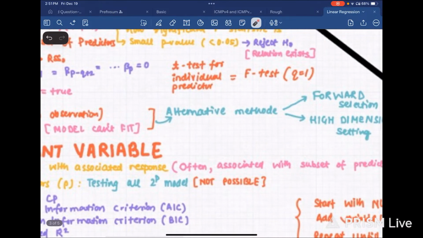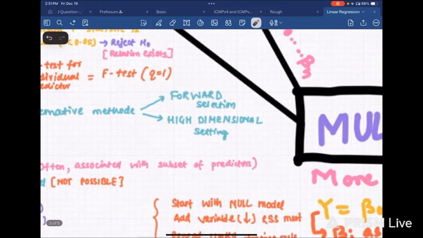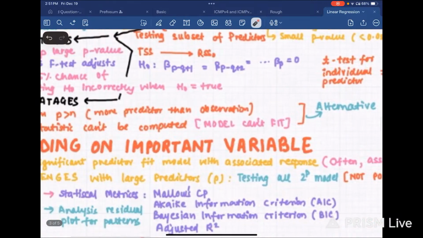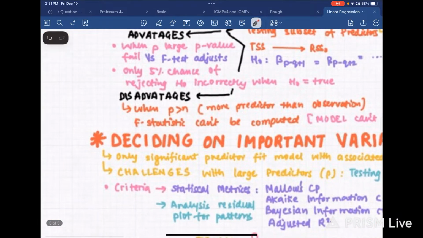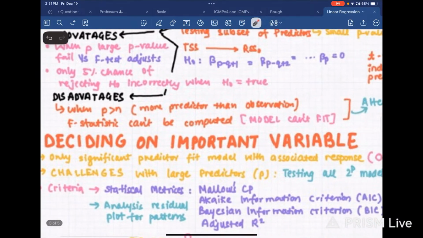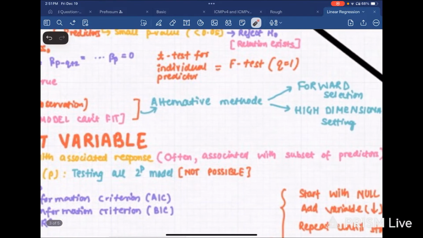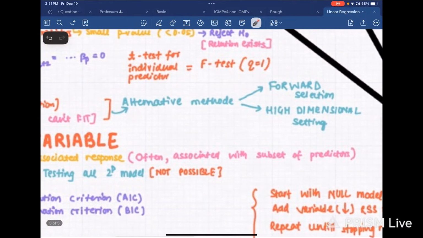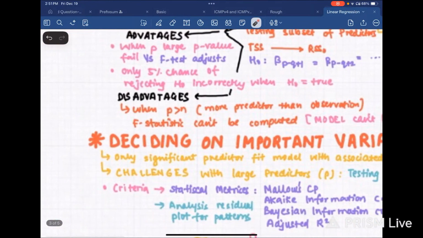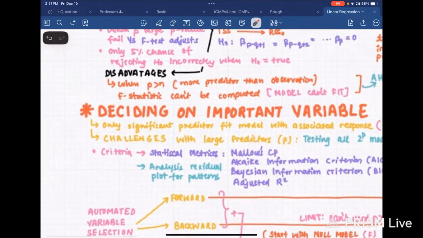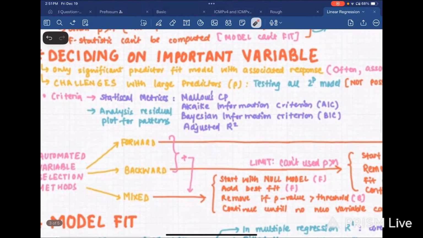So alternative methods are the forward selection method and high dimensional settings methods, which have more advantage there. Now, deciding on important variables.